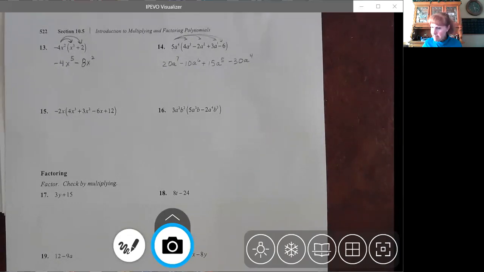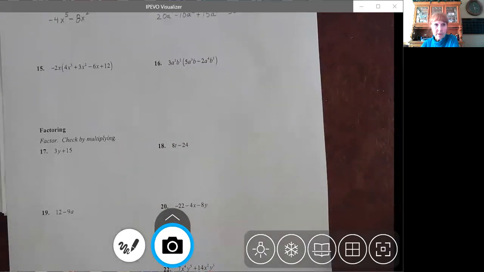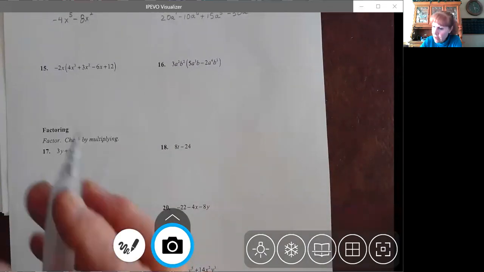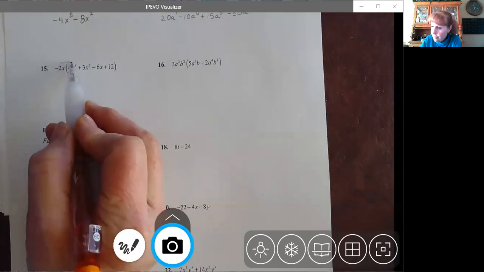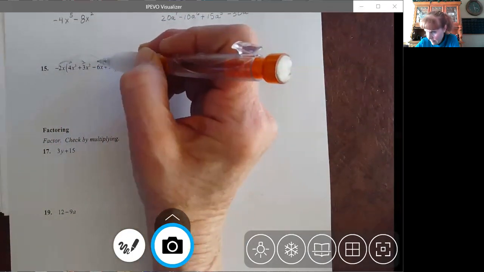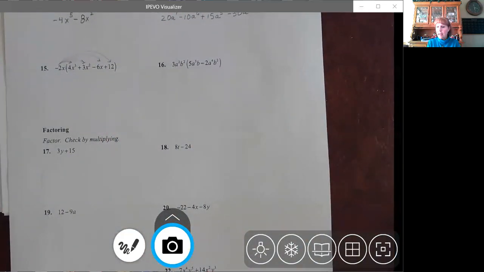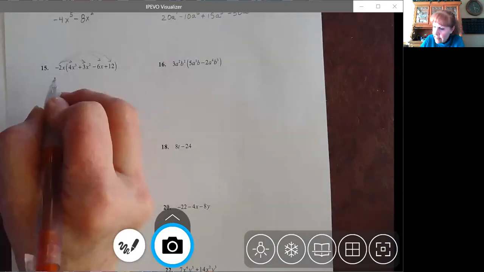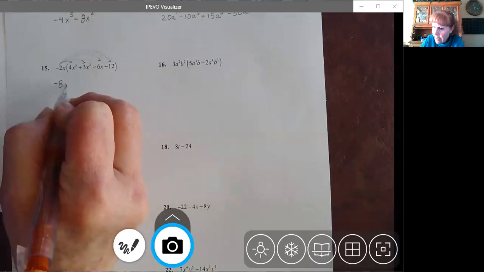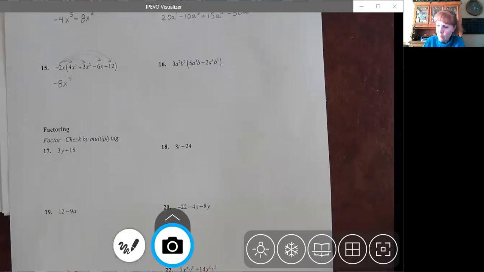Let's try another one, or actually 2 more, and then we'll do the next part, which is going to be going backwards of this process. We'll distribute this throughout the entire polynomial inside the parentheses. So a negative 2x times 4x cubed is a negative 8x to the 4th, adding exponents, so 1 plus 3.